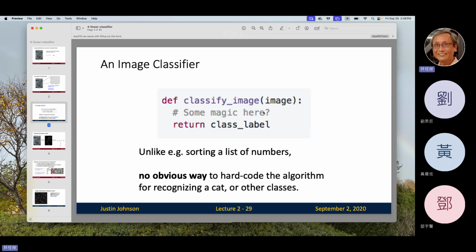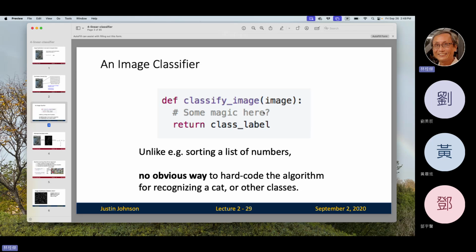When we try to build a machine learning program, it's almost like the Python program we have just seen, the model. This model here is called classify images.